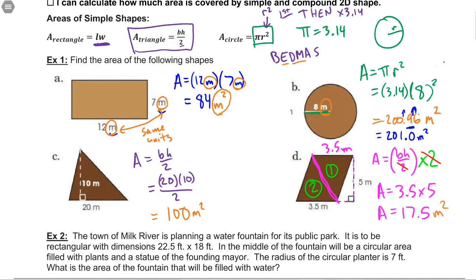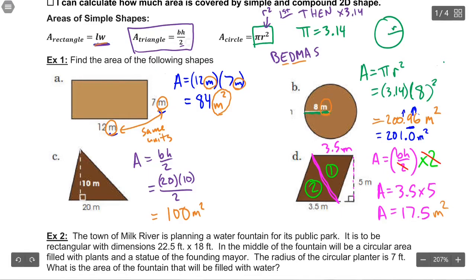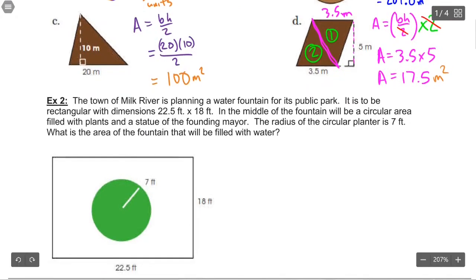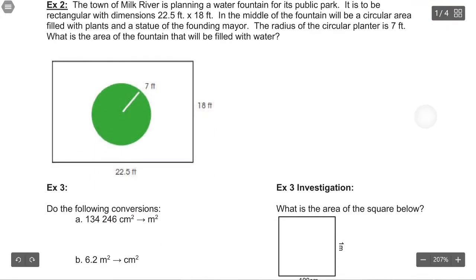Okay? And for rectangles and triangles, it doesn't matter because they're all just division and multiplication. So I guess theoretically with the triangle, you could divide by 2 first. But it doesn't matter. Okay, let's try an actual word problem where we need to put a couple of pieces together.